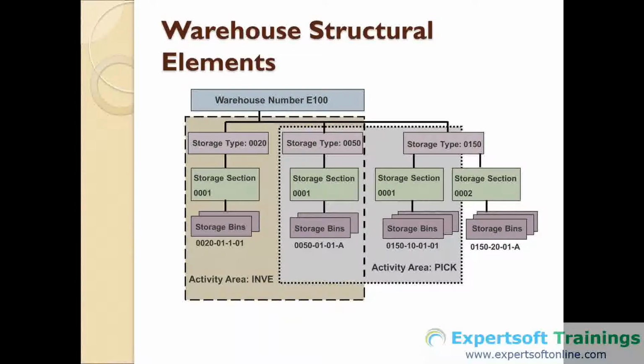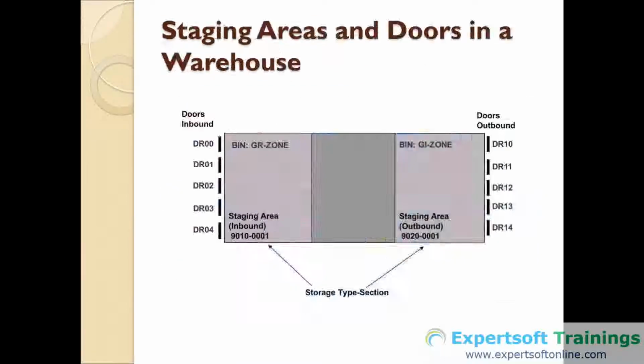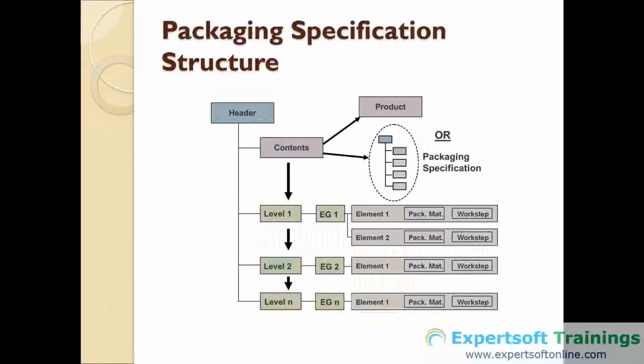One of the processes I was talking about is deconsolidation. We also have VAS, which is your value added services, quality inspection, and counting. These are the multiple options we will see when we perform put aways.